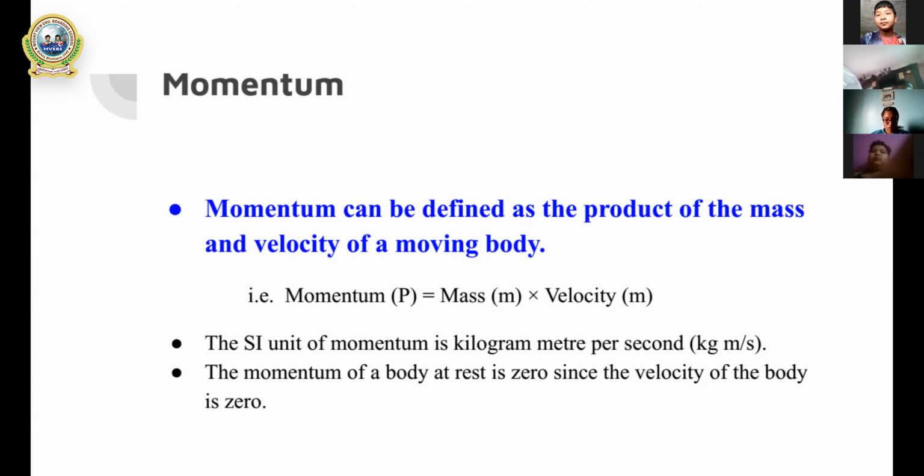If you are asked what is the momentum of a body at rest, you have to say momentum is zero. A stationary body, which means at rest, always has zero momentum.